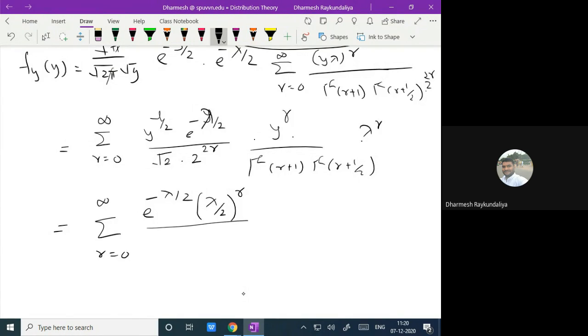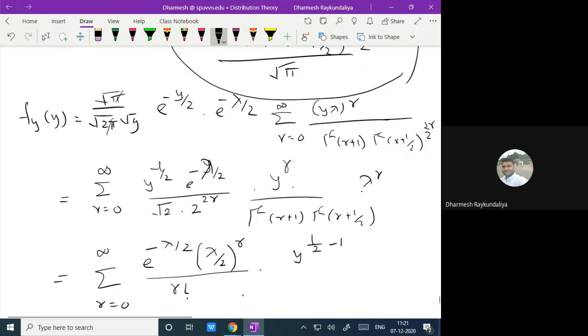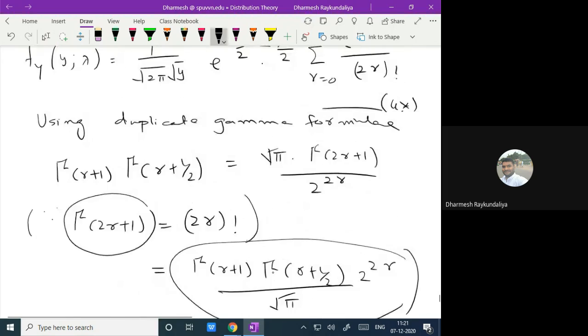So 1 upon 2 raised to r is present over there. And here gamma r plus 1 is nothing but r factorial, into y raised to 1 by 2 minus 1. And e raised to minus y by 2 is also there. I think I made a mistake, let me check.